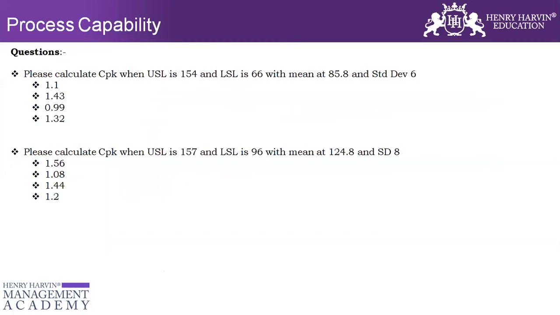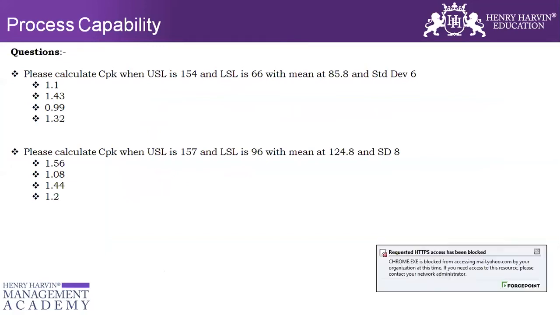Gauge R&R is separate from this, because in gauge R&R we are looking at the measurement variation, just like we did an attribute agreement analysis. This is a process variation. USL and LSL talk about the process variation. MSA gauge R&R is a separate thing.